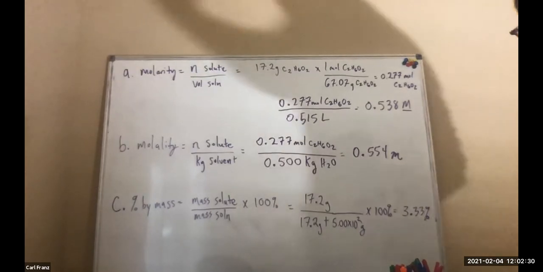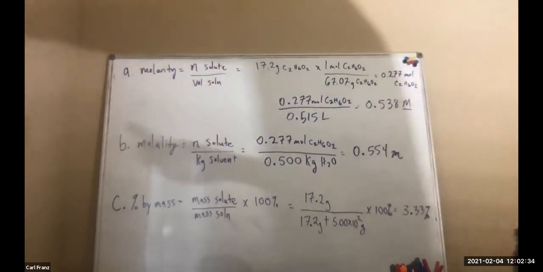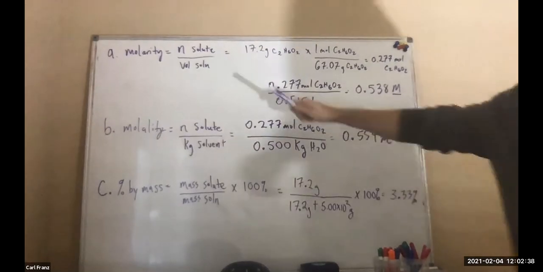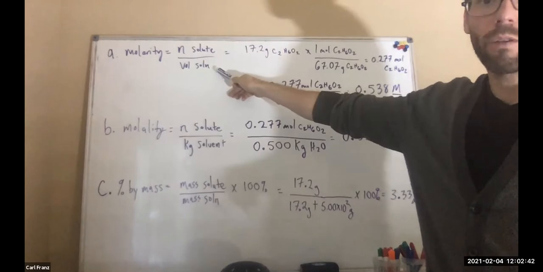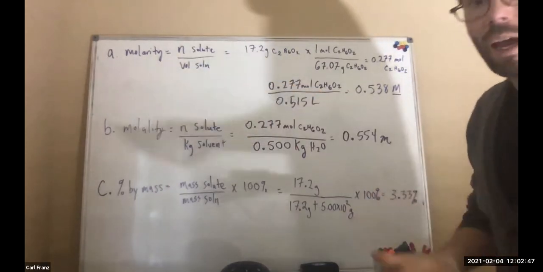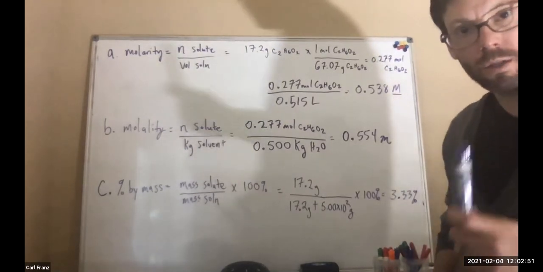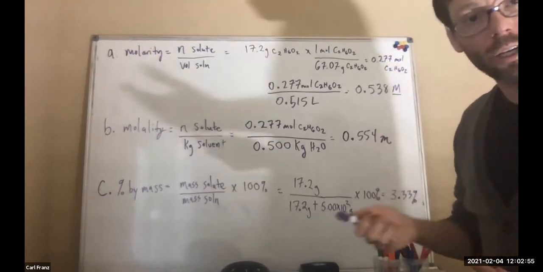They're asking for the molarity to start with. And we know that molarity is equal to the moles of solute over the volume of the solution. In this case, we're given the grams of ethylene glycol, so we have to convert that into moles. To do that, we have our conversion factor using the molecular weight.